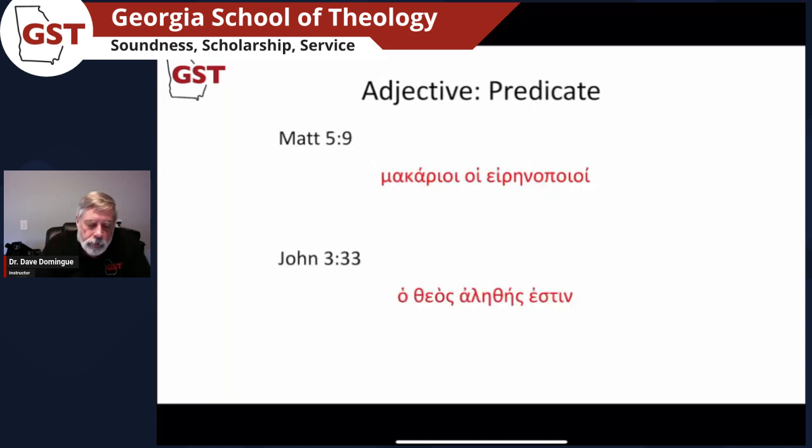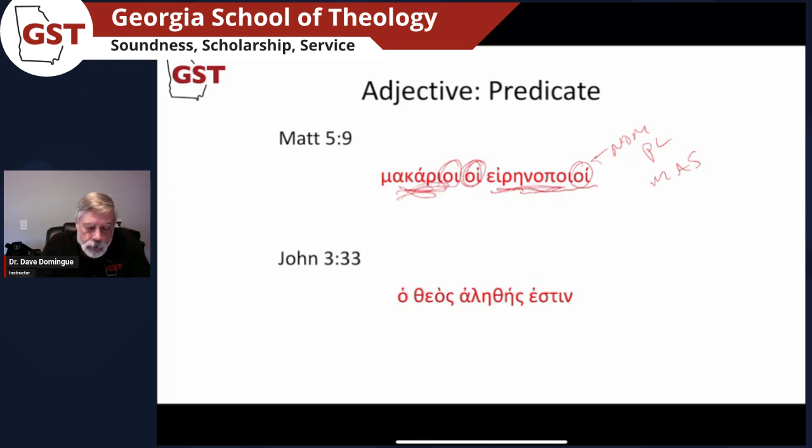It can function predicatively. Matthew 5, verse 9. Here, remember Matthew 5, the Beatitudes, right? Makarioi, there's our nominative plural subject, blessed. Hoi eirenopoioi. Again, we have the same ending here, nominative plural masculine. And this is our adjective. Actually, they're both adjectives, so it's not the best example.